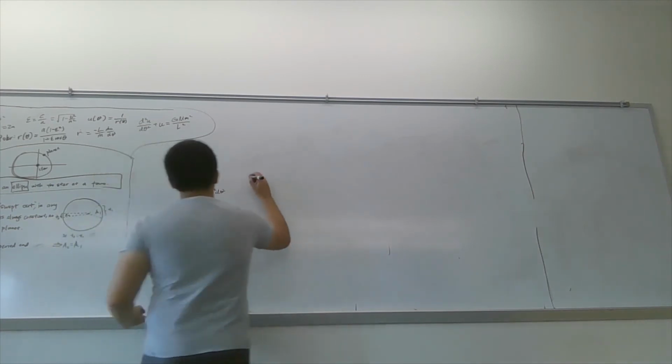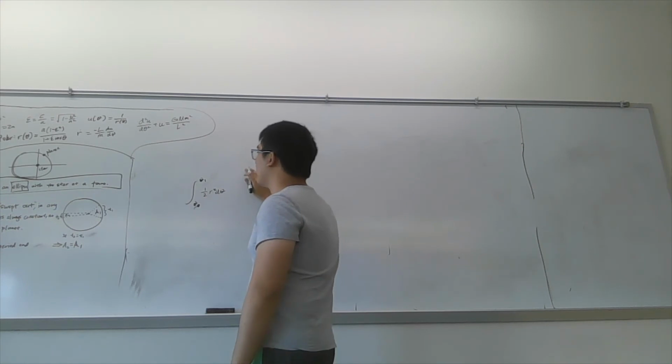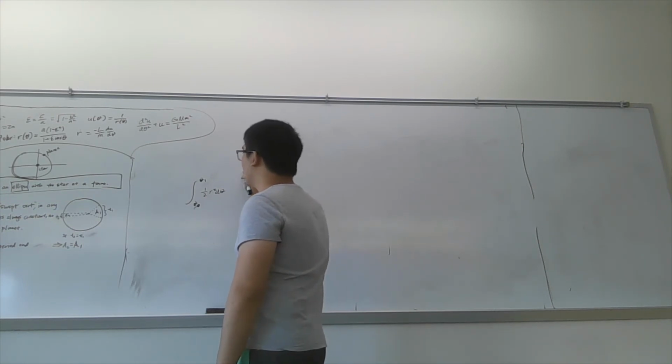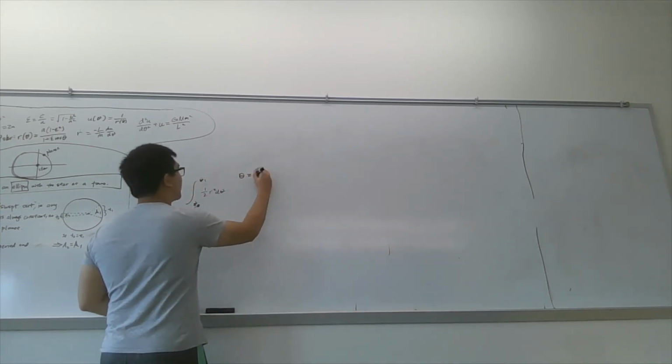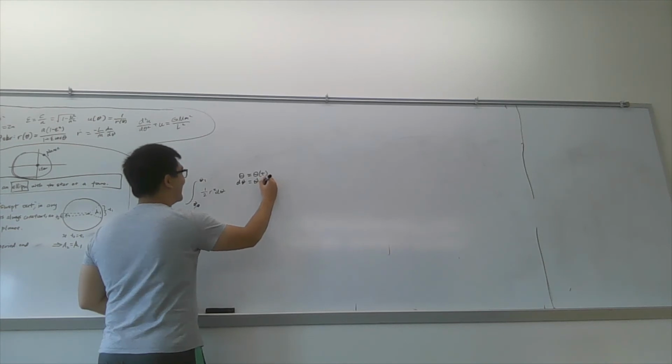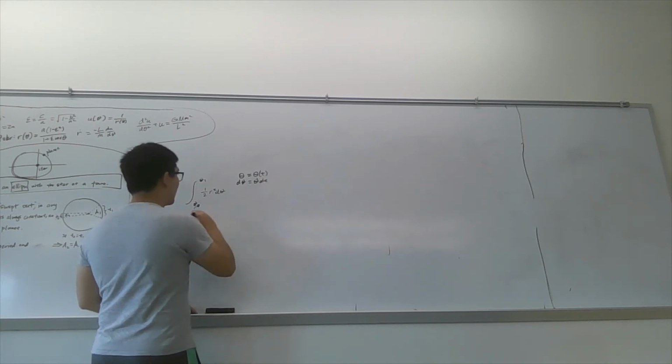And now we're going to make the substitution. Let's see, what was this? We're going to make the substitution theta equals theta of t. And so d theta is just the time derivative of theta and dt.